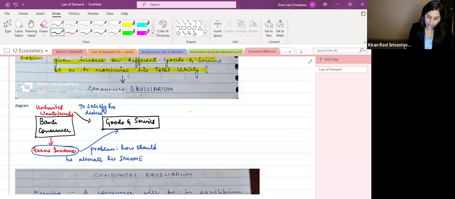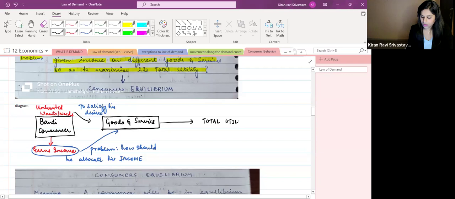When he buys particular goods and services, Bunty is looking forward to maximizing his utility, his total utility. He wants total satisfaction. When we buy something, we want 100% satisfaction. In economics terms, we call it total utility.